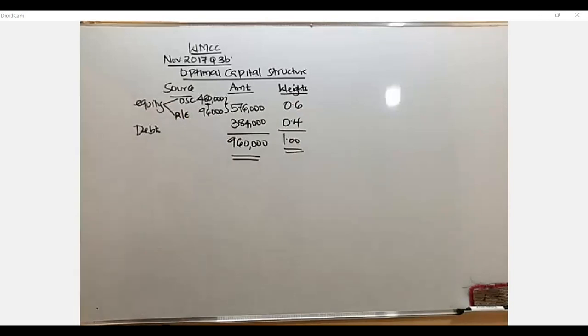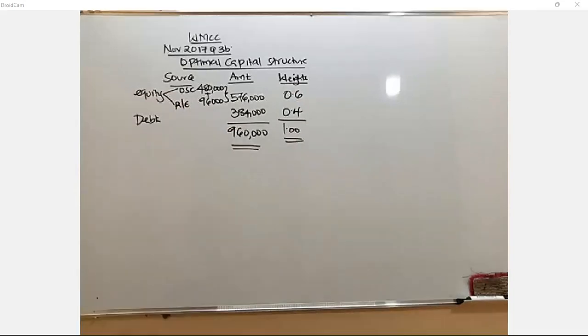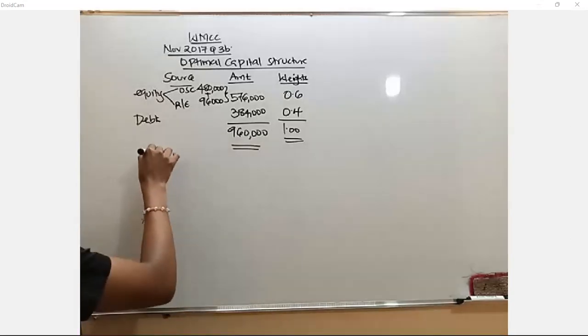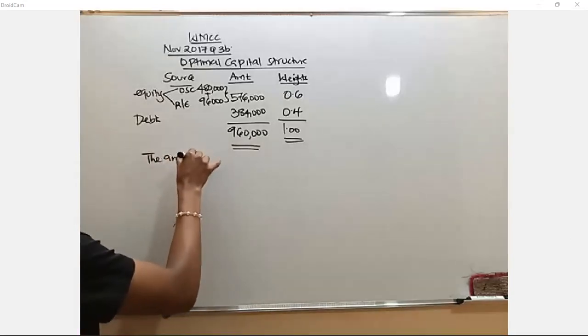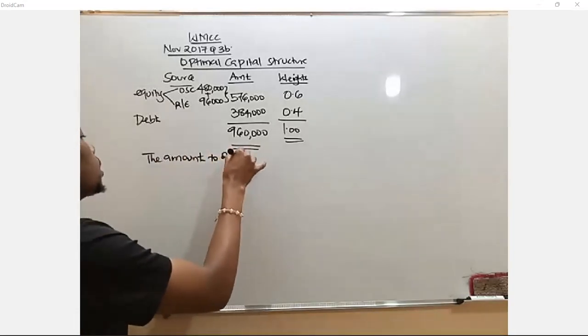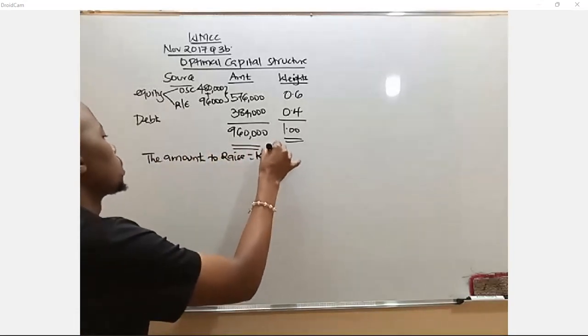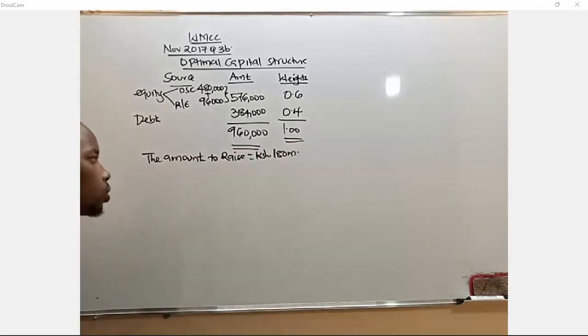Once you get that, we just need to look at how much we need to raise. As per the question, we are told the project will cost us 180 million. So the amount to raise is equal to Kenya shillings 180 million. Now we look at how much we should raise from equity.